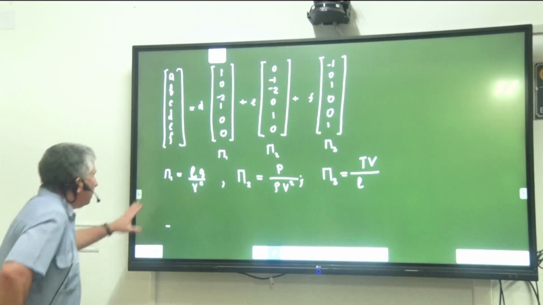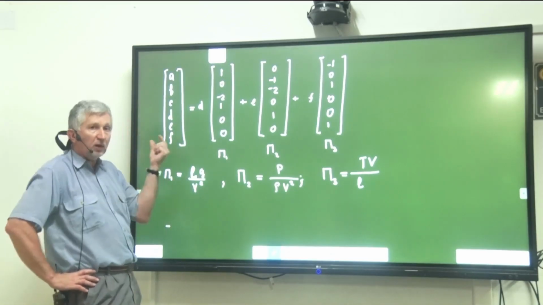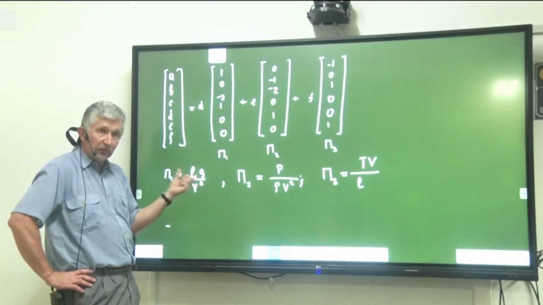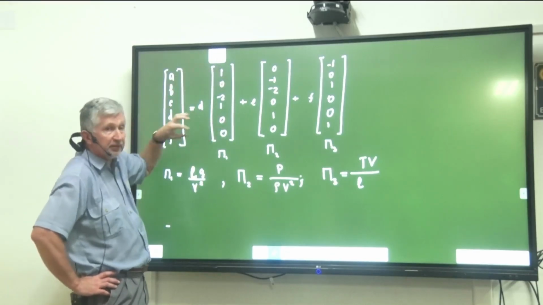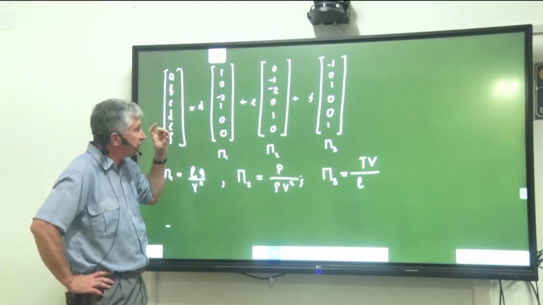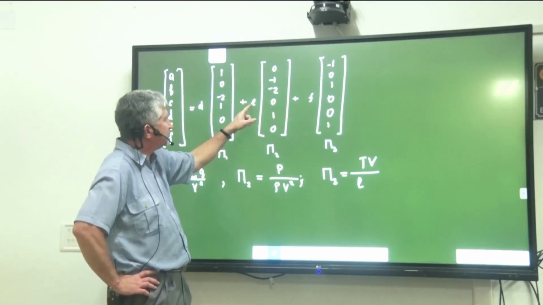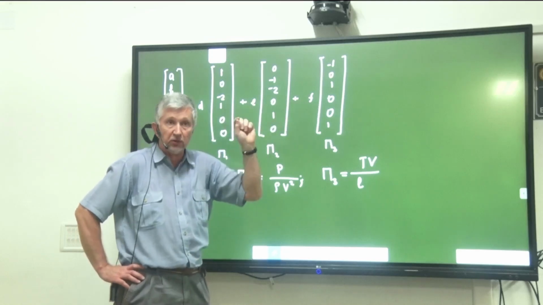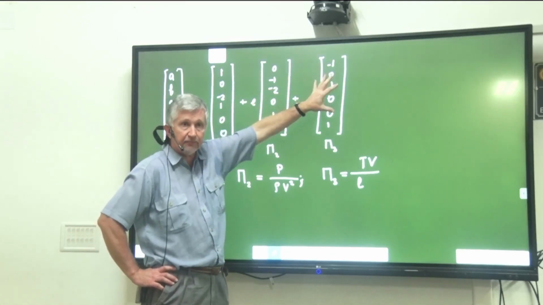So how did I get these groups formally? For example, pi 1. What I did without telling you, I just said, well, let's look at this. But what does it mean if I look at this? That really means that I ignore these 2 vectors completely, meaning that I set E and F both to 0. If E is equal to 0, then this is gone. F is equal to 0, then this is gone.